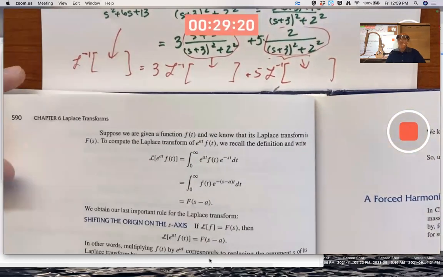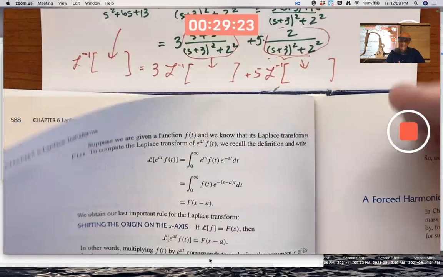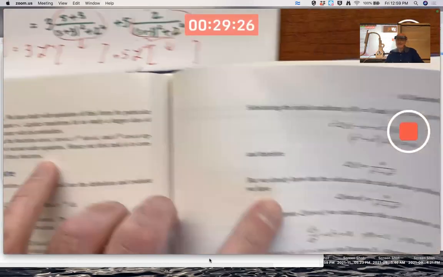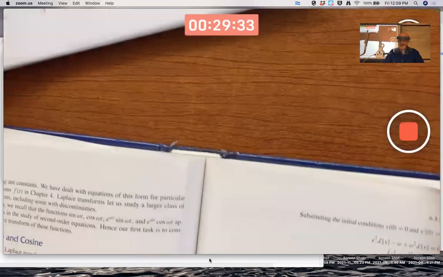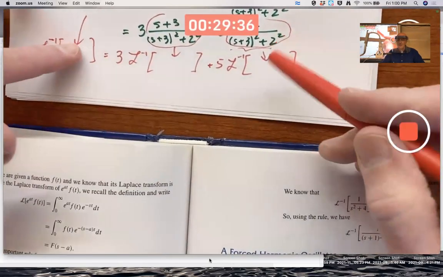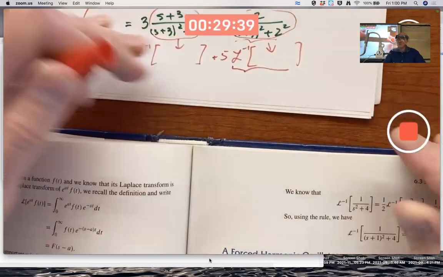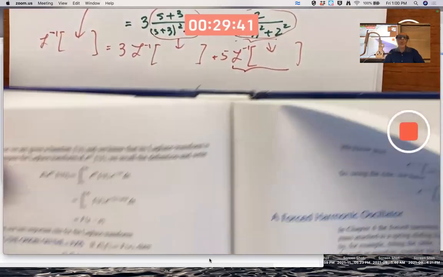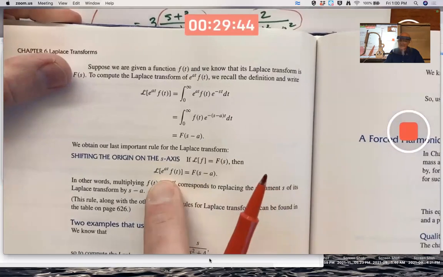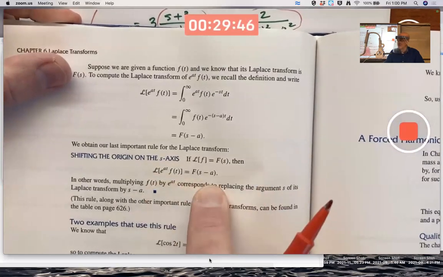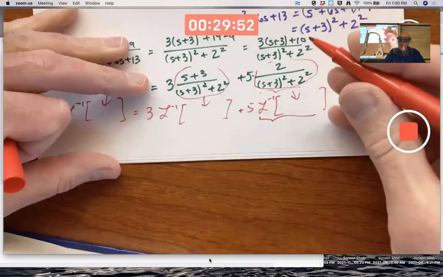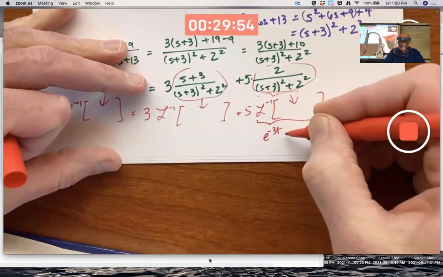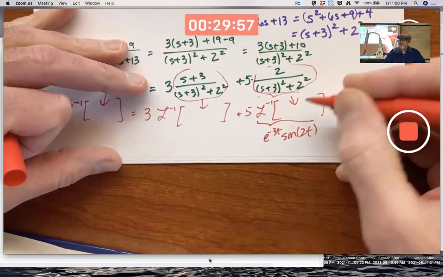Which one? When the omega is up top instead of the s, that's the sine one. Omega up there, not s. So this thing is going to involve a sine of 2t, but what else does it involve? It involves e to the at, where a is -3, e to the -3t. This thing here is e to the -3t sine of 2t. That's what that inverse Laplace transform is.